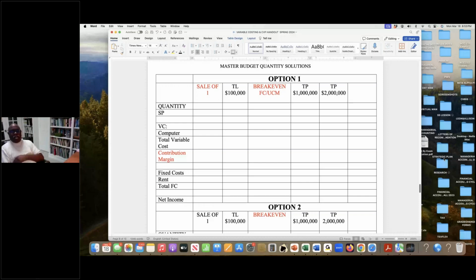I just want you to do 2 columns on option 1 with the information we had. If we sold one item, what would the net income be? Then I want you to go to this break even and calculate the break even quantity. So you're just doing these 2 red columns.